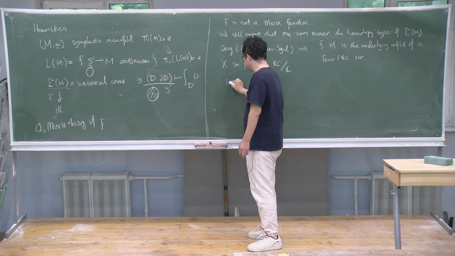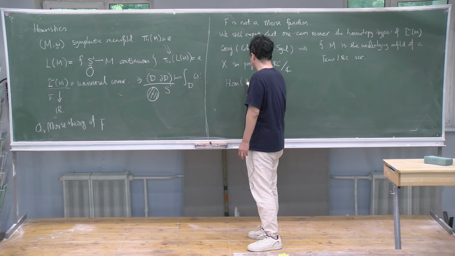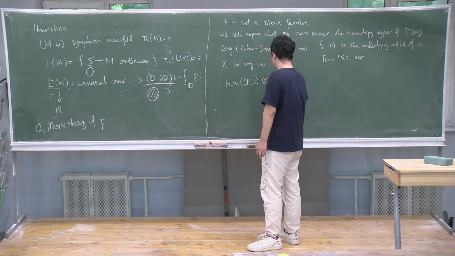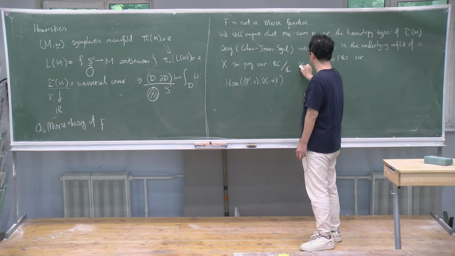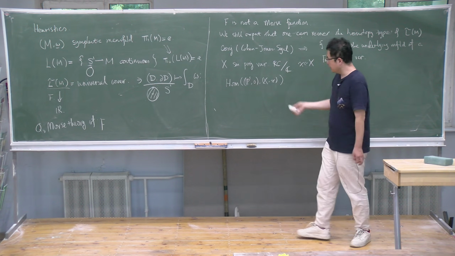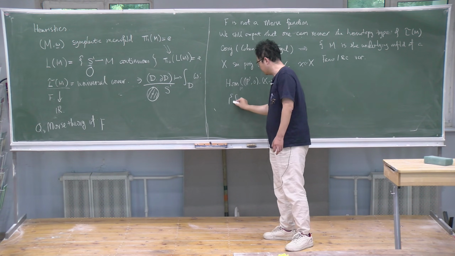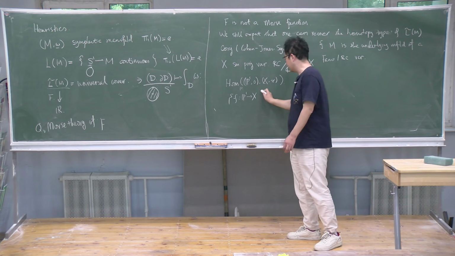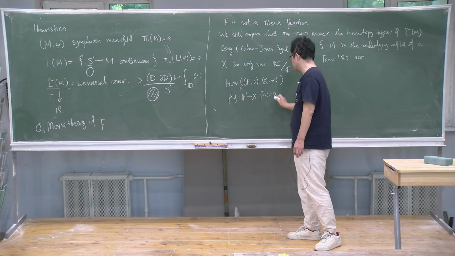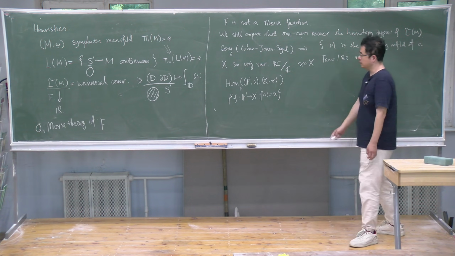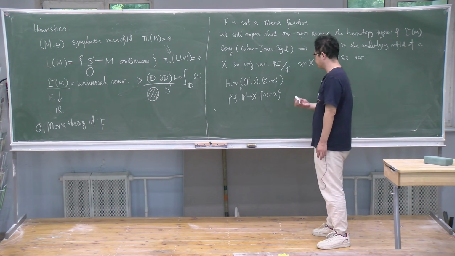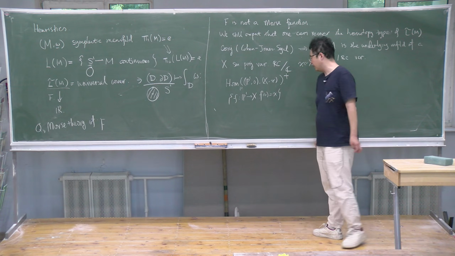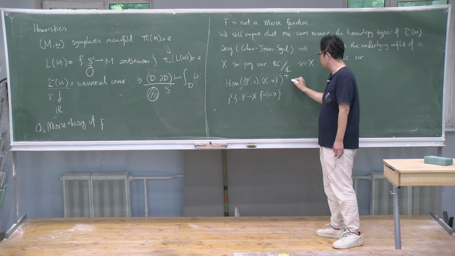Then you can consider this pointed scheme of all algebraic morphisms from P1 to X that map 0 to a given point in X. This is an algebraic scheme, and here you have to add a plus or dagger, which I will explain.